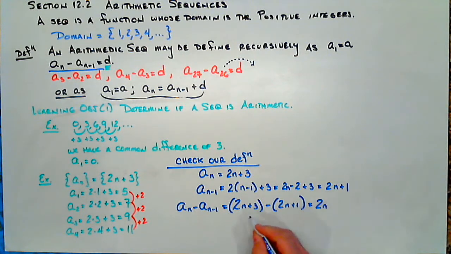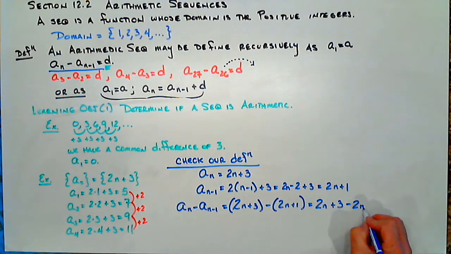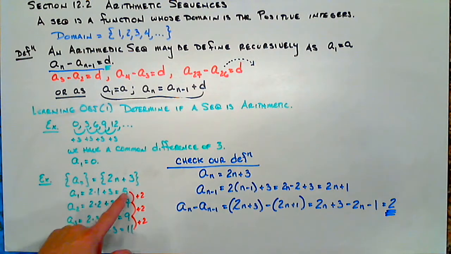Well, we get 2n plus 3 minus 2n, right, from here, minus 1. 2n minus 2n is 0. 3 minus 1 is 2. There's our common difference.